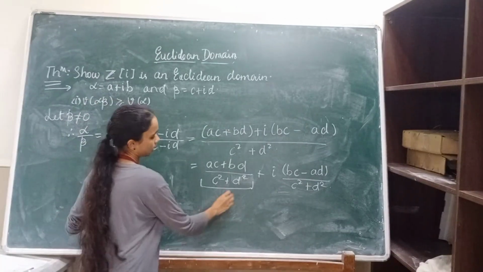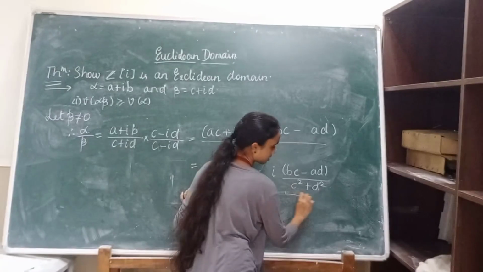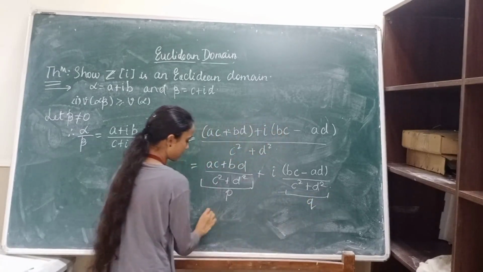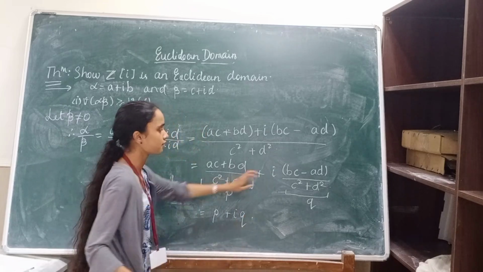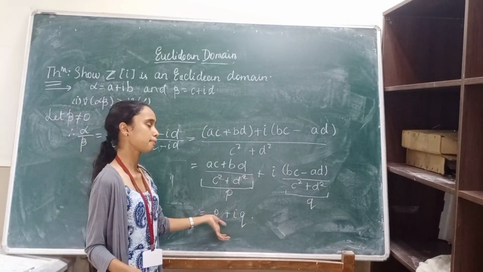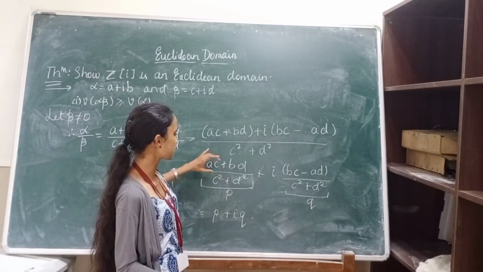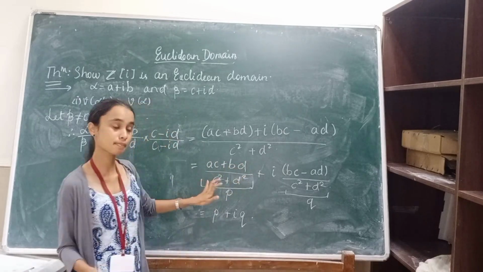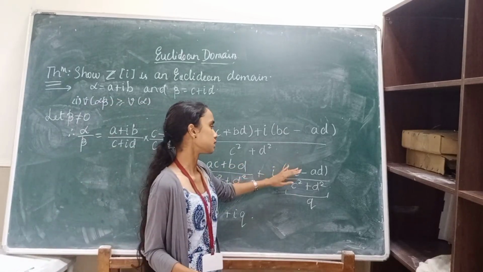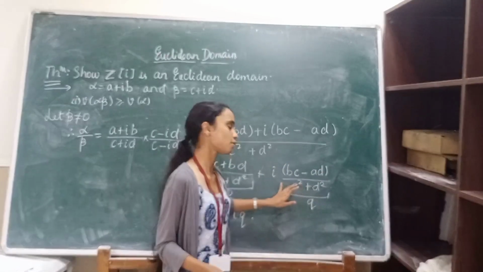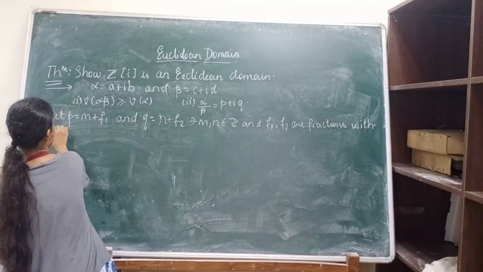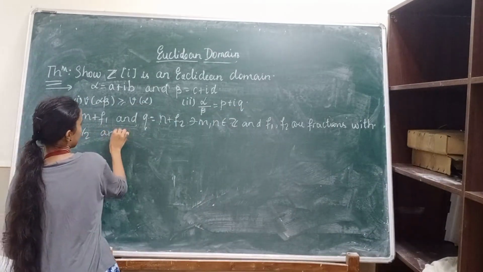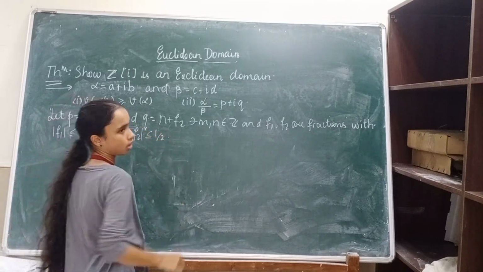Take this as P and take this thing as Q. So we can write this as P plus IQ. We have simplified this thing and wrote it as P plus IQ, where P is AC plus BD upon C square plus D square, and Q is BC minus AD upon C square plus D square, with mod of F1 less than or equal to half and mod of F2 less than or equal to half.